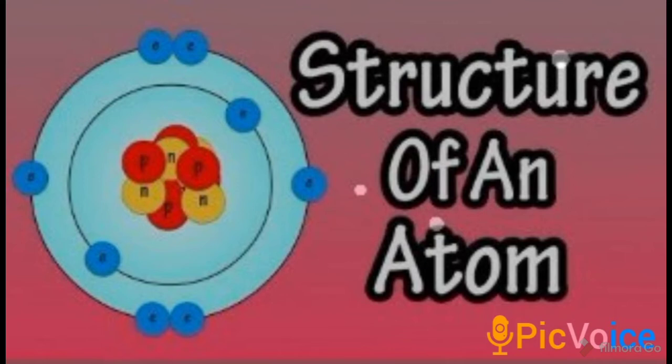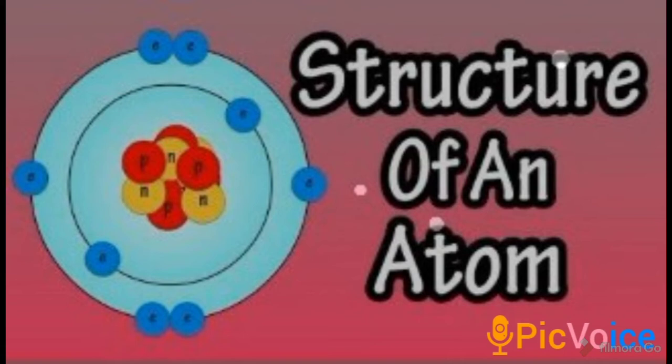So atoms are the building blocks of matter. Atoms are made up of three subatomic particles, which are electrons, protons and neutrons. Electrons are negatively charged particles, protons are positively charged particles, whereas a neutron has no charge.